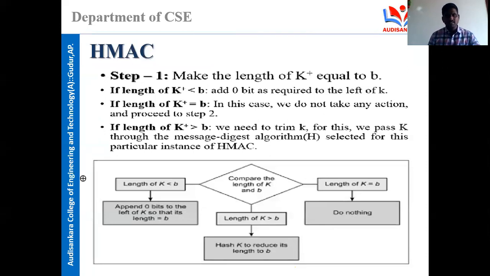What to do if it is less than b? We need to add 0 bits to make K+ equal to b. If it is equal, we do nothing. If it is less than, we append 0 bits after K. If it is greater than, we reduce some of the bits to make it equal to b.